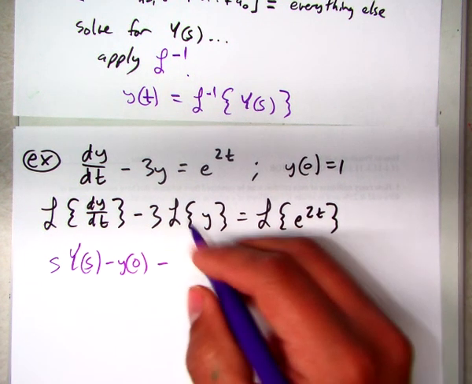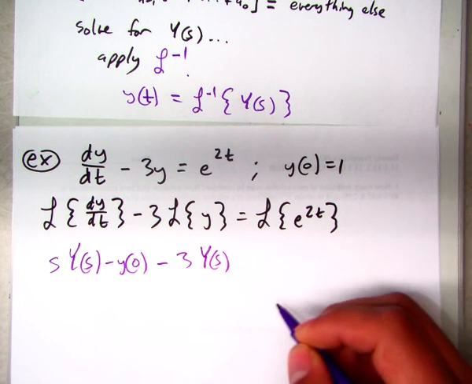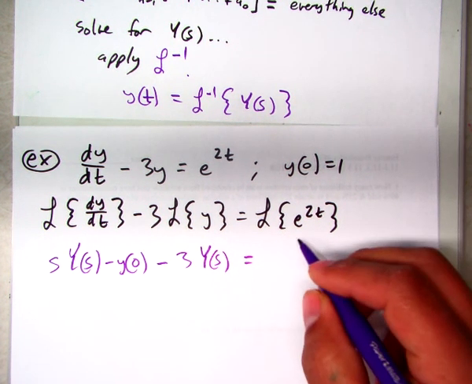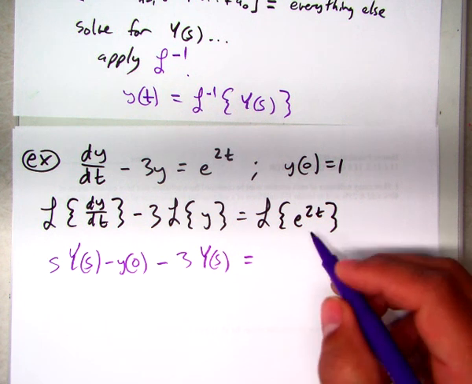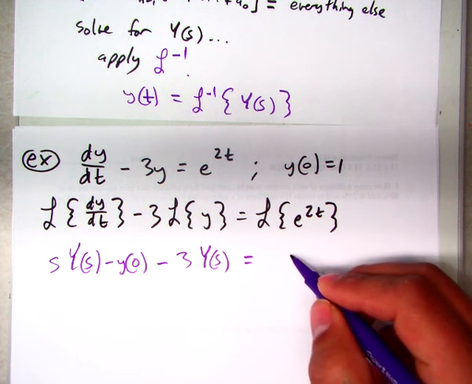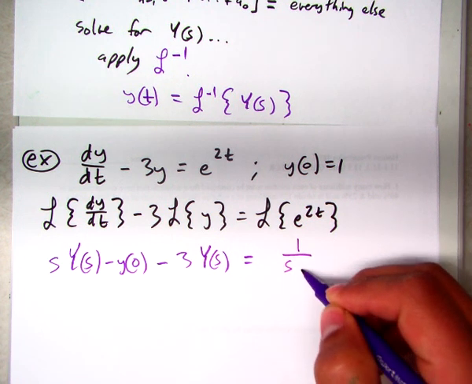Minus 3, and then this will just be capital Y of s, equal to, what's the Laplace transform of e to the 2t? One over s minus 2. Okay, good.